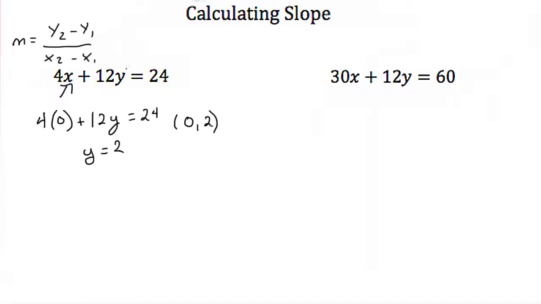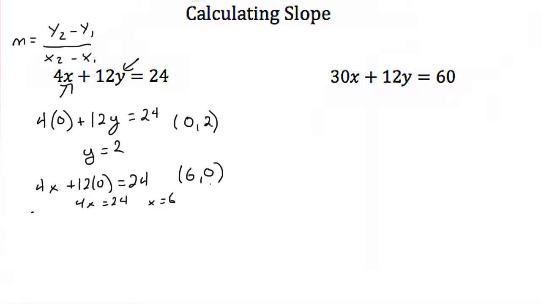Next, we'll plug in 0 for y. So we end up with 4x plus 12 times 0 is equal to 24. This means that 4x is equal to 24, and our x is equal to 6. So the next point we did solve for is (6, 0).